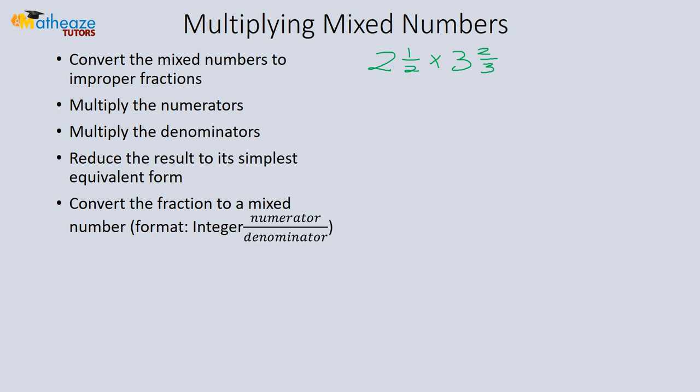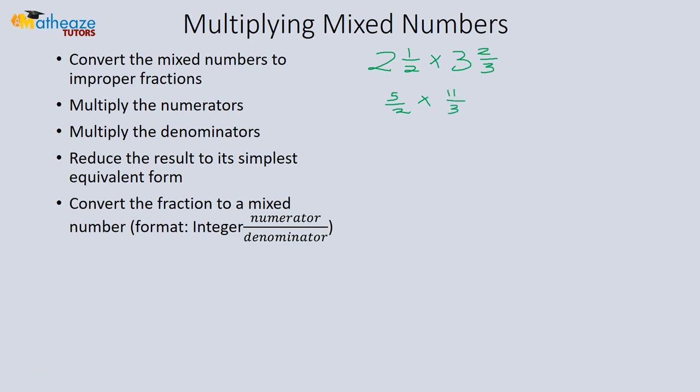If you're confused about doing this, there's a chapter or a lecture above this that covers it in this same section. So we're going to do 2 multiplied by 2, which is going to give us 4, and then we add 1 to that, so that's 5 over 2 multiplied by 3 times 3, 9, and then we add the 2 here, which gives us 11 over 3.